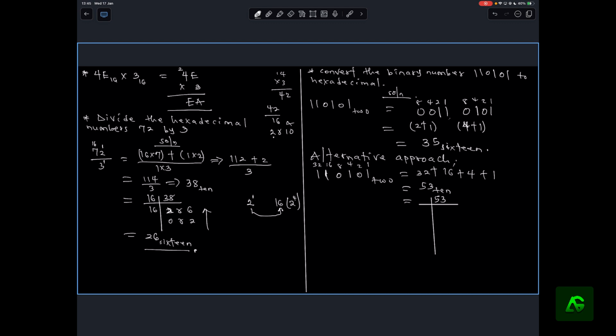So here we will be dividing repeatedly by 16. How many 16 can we see in 53? That is 48, that is 3, remainder 5. So we go again: 16 in 3 is 0, remainder 3. So you can see that we have 35, the same thing as what we have initially with the shortcut approach.